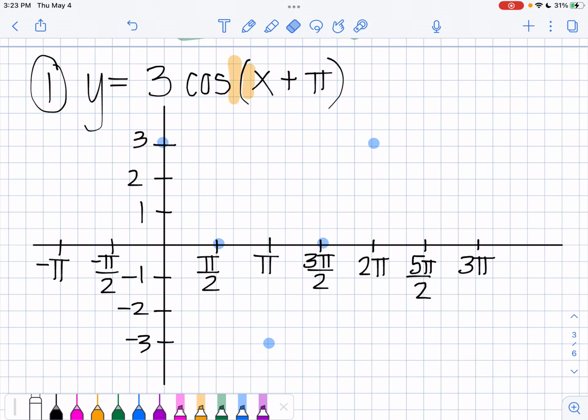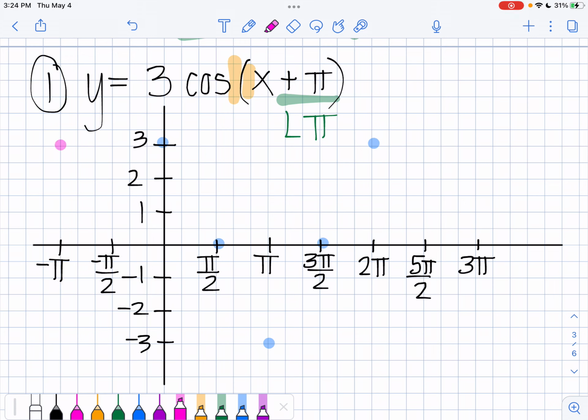Okay, now I'm going to shift my graph right or left. This plus pi tells me that I'm going to move left pi. Pi happens to be 1, 2, 3, 4, 5, 6 spaces. So I'm going to take each point and move it left 6 spaces on my graph. So 1, 2, 3, 4, 5, 6.